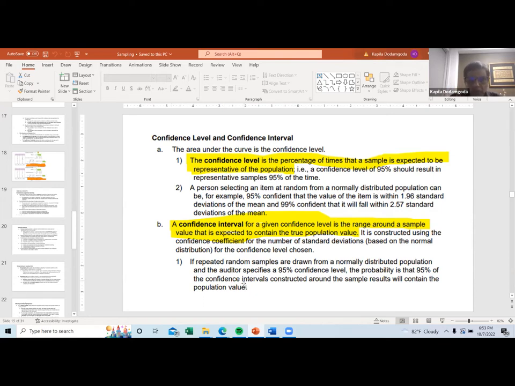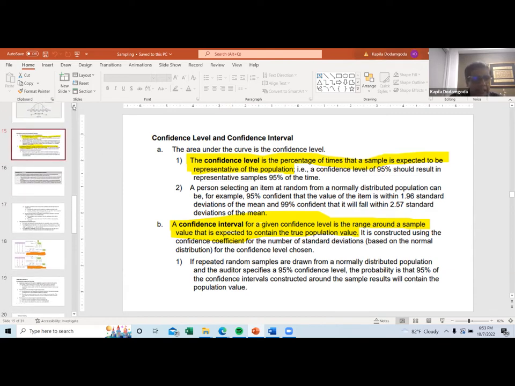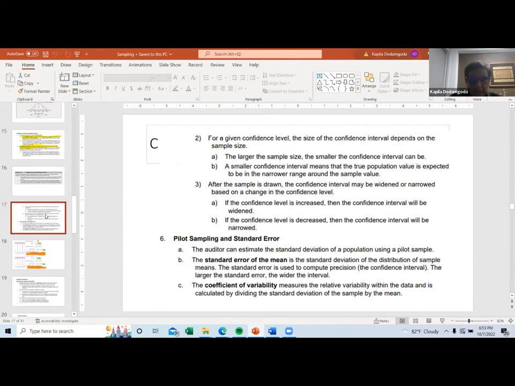And then also, there is another concept that we are going to touch here. Well, that is, I will come to that later. So we just touched upon the confidence level. We'll come to that here. The coefficient of variability. We also speak of a concept called coefficient of variability.